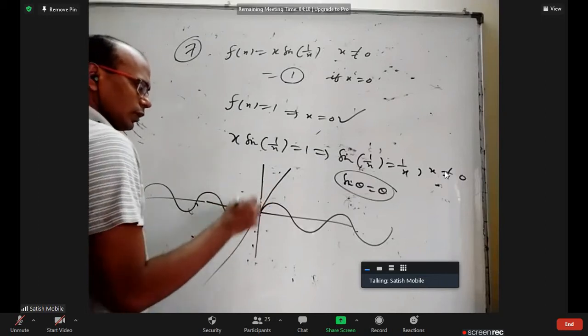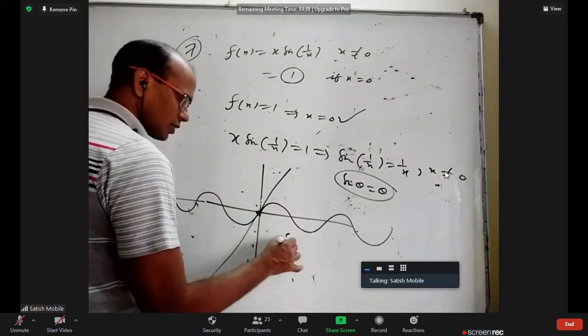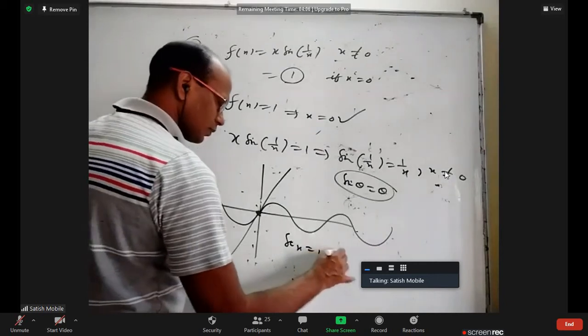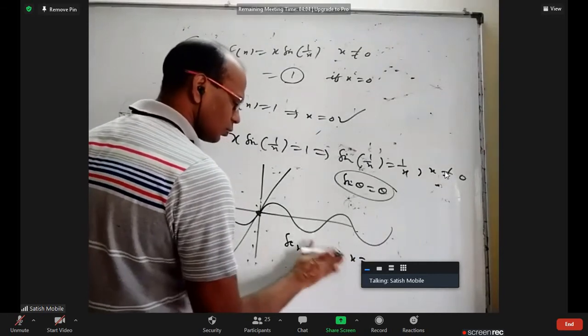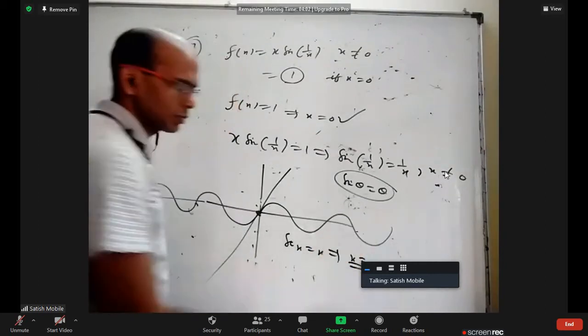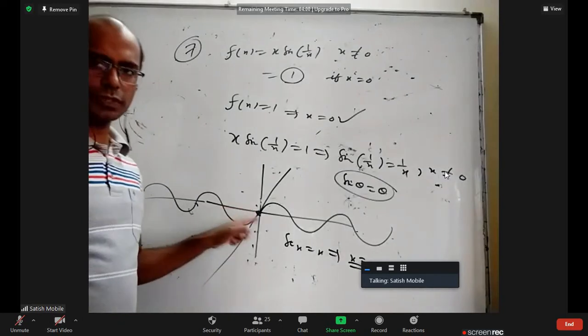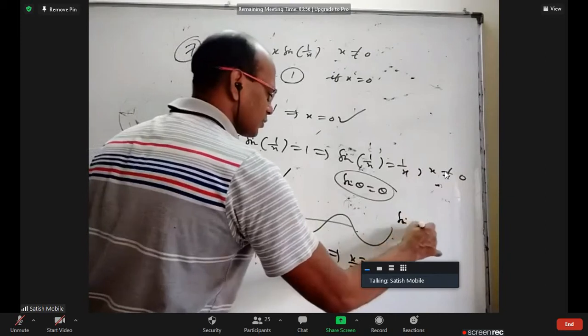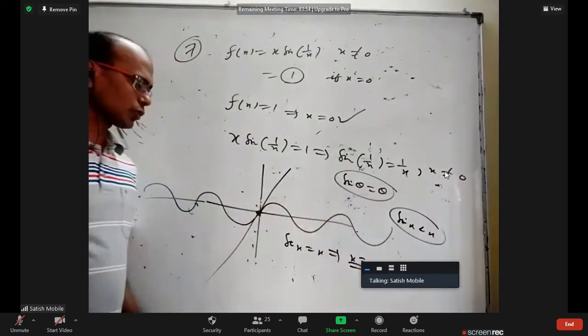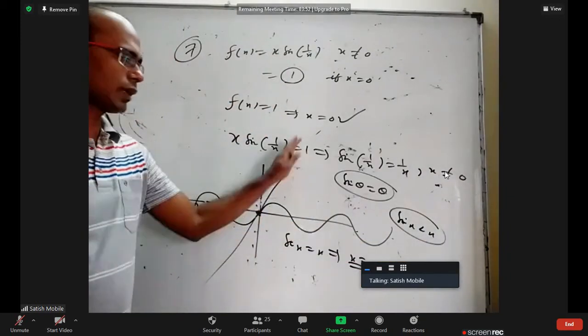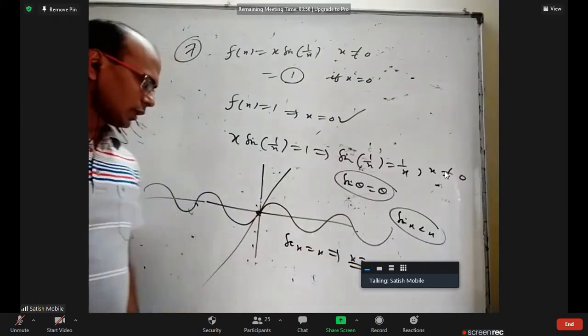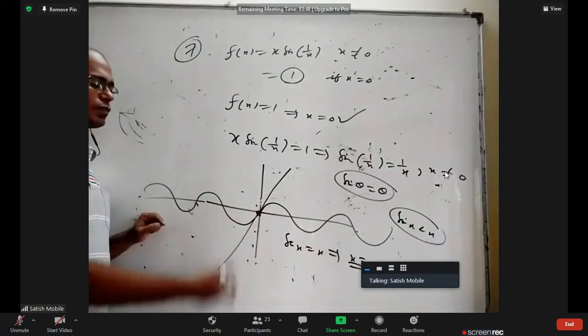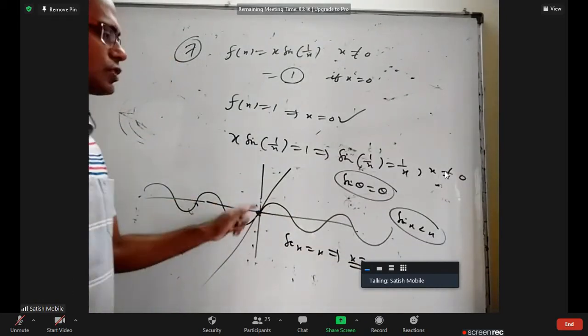So if you want sine x equal to x, then x equal to 0 is the only solution. There is no other solution because it is tangent here. In fact, we know the standard inequality that sine x is less than x for all positive numbers; you can see the sine x graph is below x. Sine x is never equal to x. For all negative values, sine x is more than x. So they can't be equal. So only at 0 they're equal.